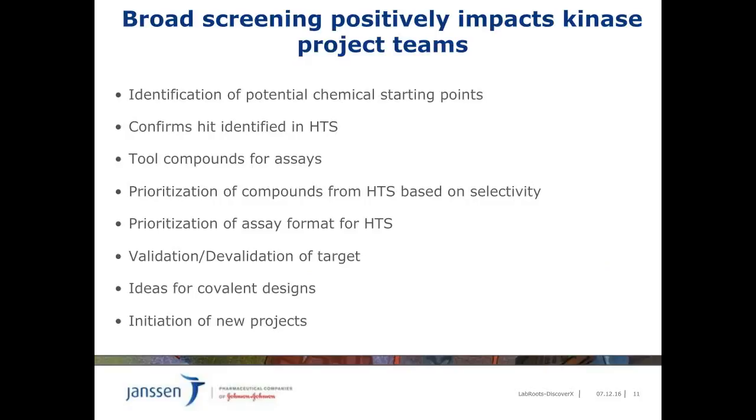This slide shows how the Janssen kinase inhibitor profiling project positively impacted discovery project teams in the last 2 years. The impact has, for instance, been seen in the identification of potential chemical starting points, the confirmation of HTS hits, the delivery of 2 compounds for assays, the prioritization of compounds for HTS based on selectivity, the prioritization of assay formats for HTS, the validation/devalidation of targets, the generation of ideas for covalent design, and the initiation of new projects.